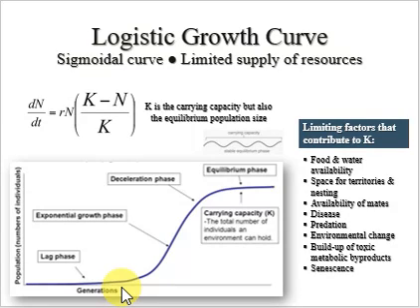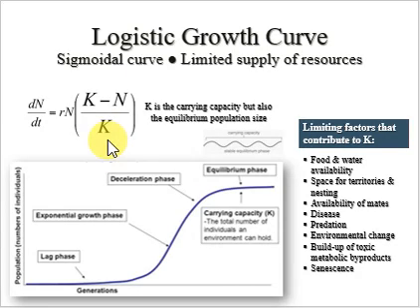The logistic growth equation, which is pictured here, is the equation used to describe logistic population growth. If you look at it, it's essentially a modified version of the exponential growth equation. This whole portion here is the same as the equation we saw before, but it contains this added component, which represents a way to show slowed growth as population size approaches its carrying capacity.